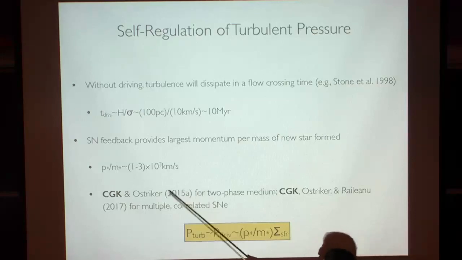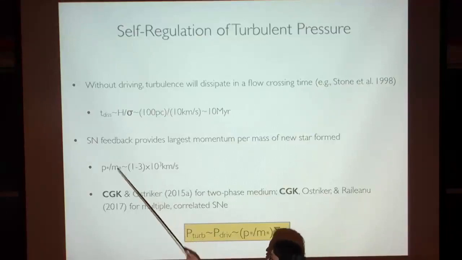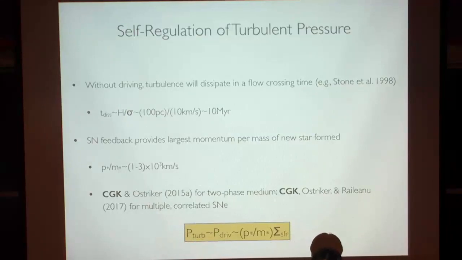So this is parameterized this way. This P star is the total momentum per event of the feedback, and this M star is the mass of new stars per event. So this is about 100 solar masses per given IMF.